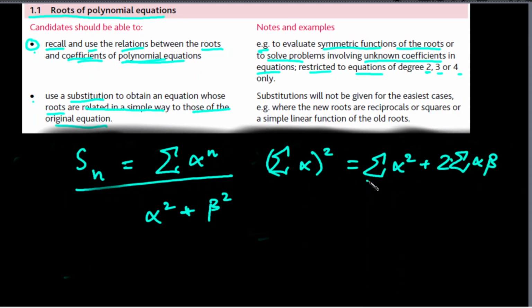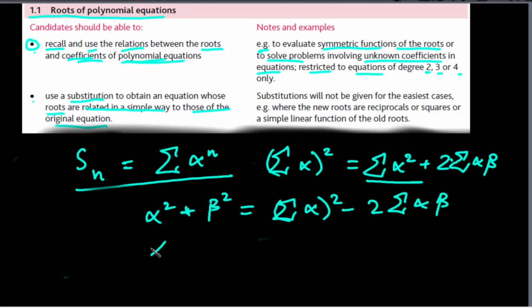So you make this the subject of the formula, and you basically get the sum of alpha whole squared minus 2 times the sum of alpha beta. Easy enough. But when you have something like alpha to the 4 plus beta to the 4, or alpha to the 5 plus beta to the 5, this becomes a lot harder.